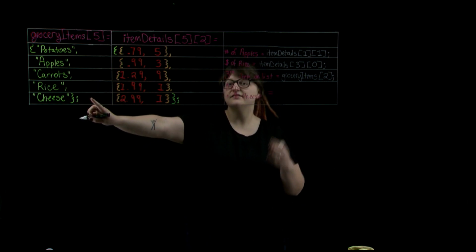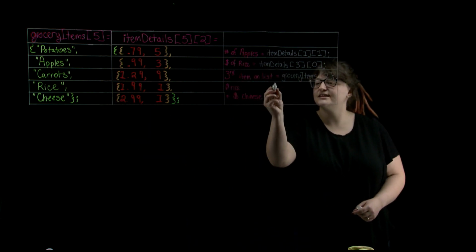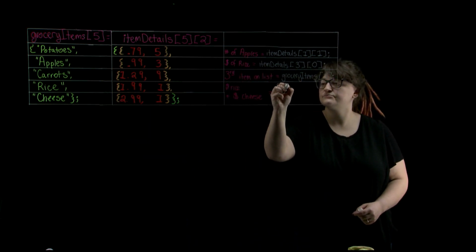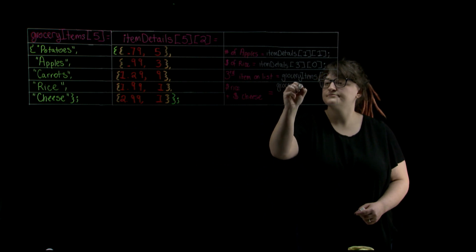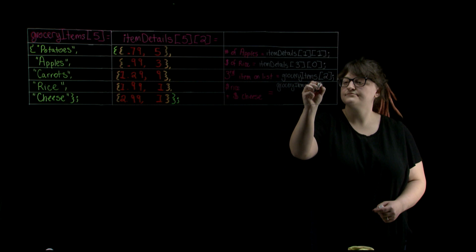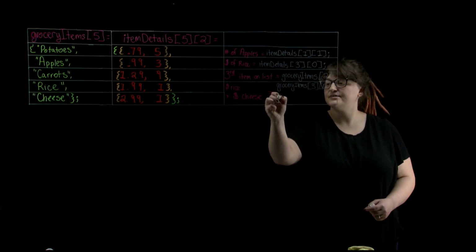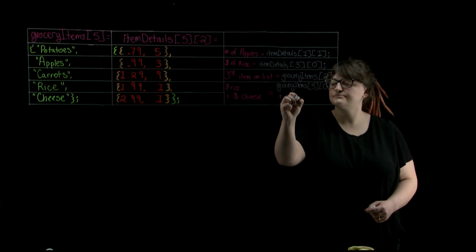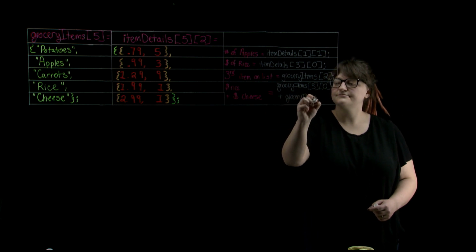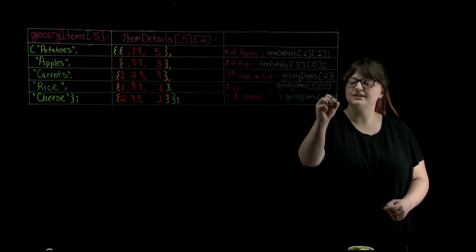And then cheese, 5th item, 4th index. So that's going to come out like this. And then column index 0, so that we make sure we get the price, plus, and again, column index 0, because that is where we're storing all of our prices.